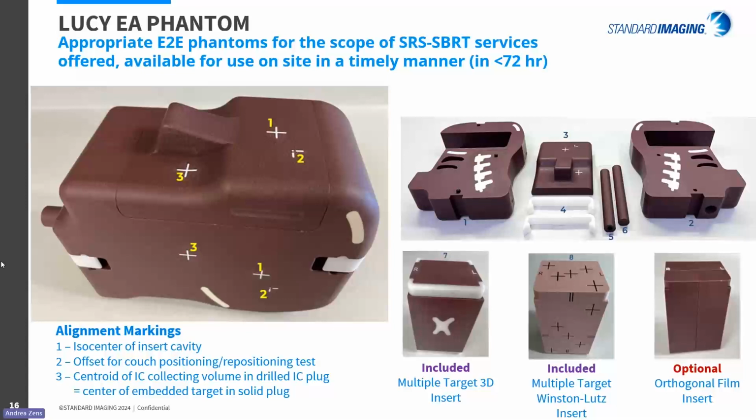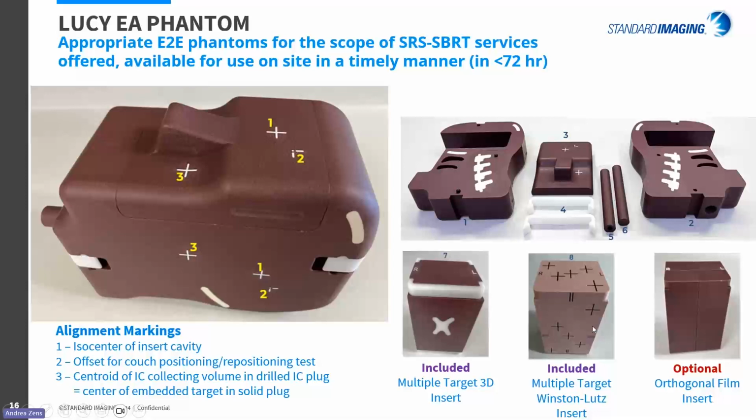The Lucy EA Phantom, as you can see here, is a toolless modular phantom with a large insert cavity in the brain region. The standard Phantom includes the multi-target 3D film insert, as well as a multi-target Winston-Lutz insert, and then there is an optional orthogonal film insert.